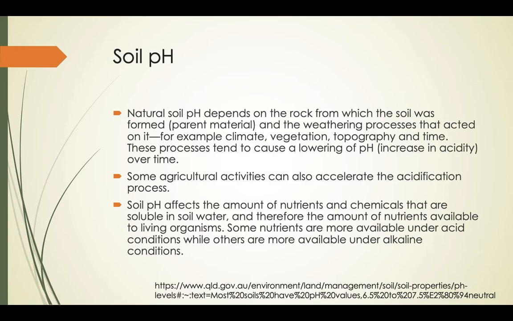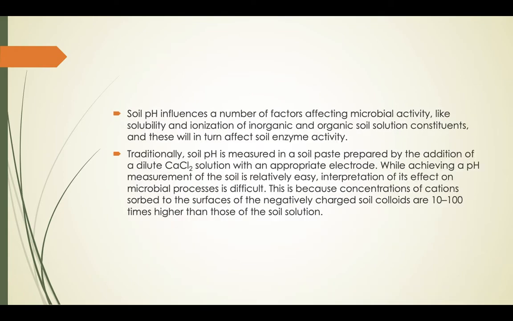In terms of nutrient availability, pH influences the quantities of nutrients that are soluble in soil water. Some nutrients are more soluble if the pH is acidic, while others prefer more alkaline settings. In general, soil pH affects soil microbes by affecting the activity of the soil enzymes.